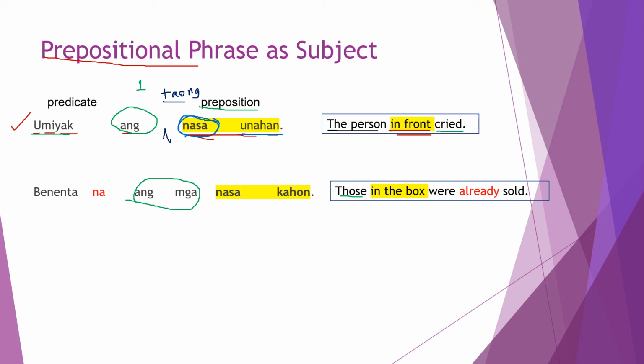I have here a highlighted word na, and it means already in English. Binenta na is already sold or being sold, already being sold.